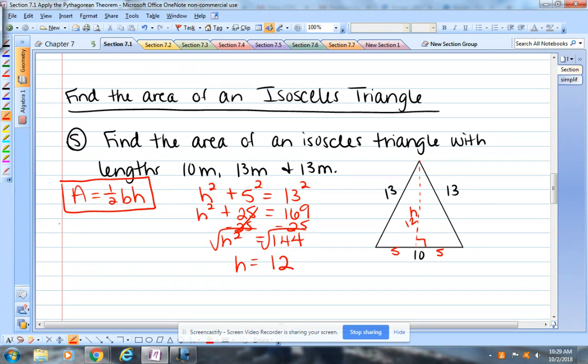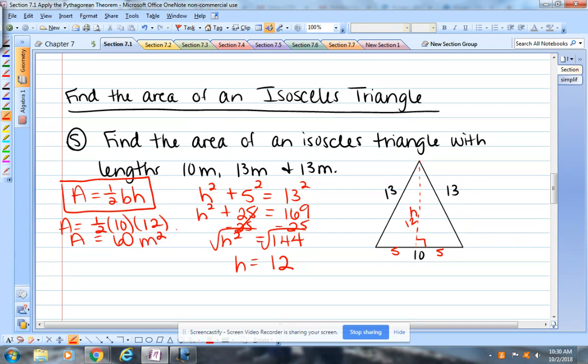Okay. So I'm going to say area equals 1/2 times what's my base length? Is it 5 or 10? 10. It's 10 times what's the height of the triangle? 12. So half of 10 is 5, and 5 times 12 is what? 60 what? Square meters.